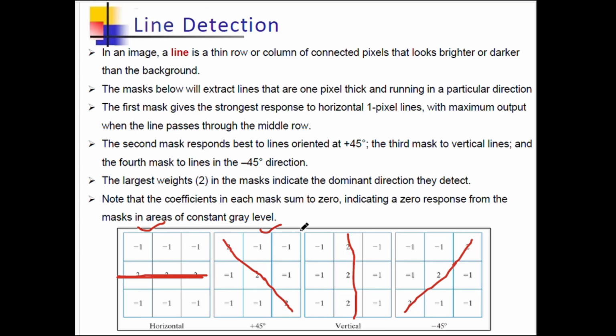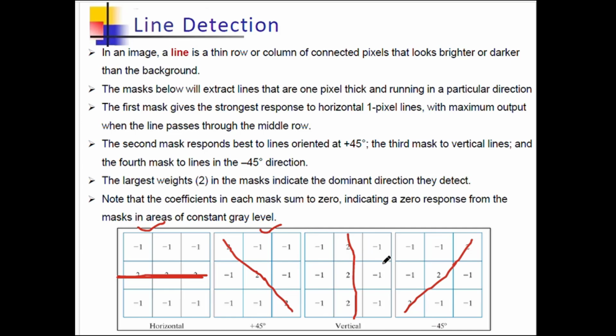Suppose the image consists of constant gray level, there is no discontinuity like line discontinuity. Then what will happen? If you apply this mask on your image, then automatically the response becomes 0. Means there is no discontinuity. You are getting some value means there exists some discontinuity.